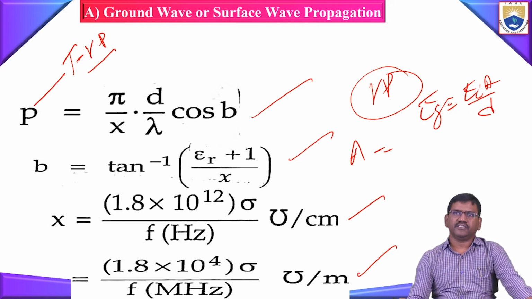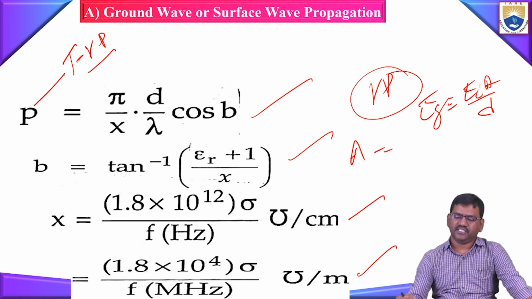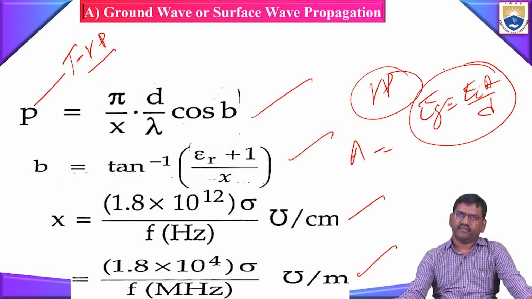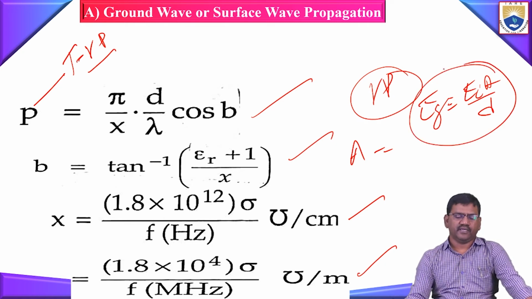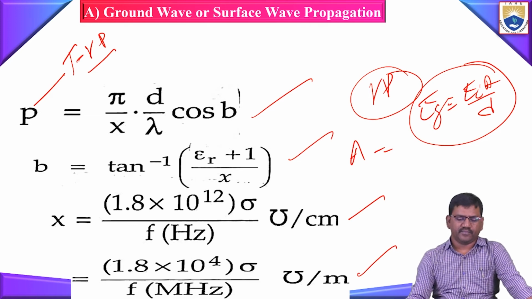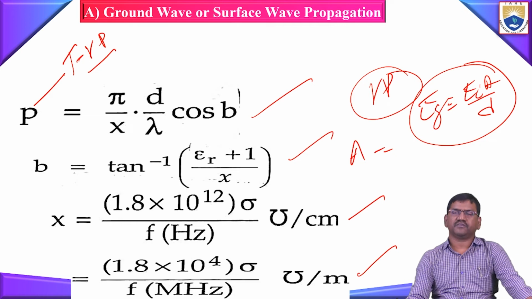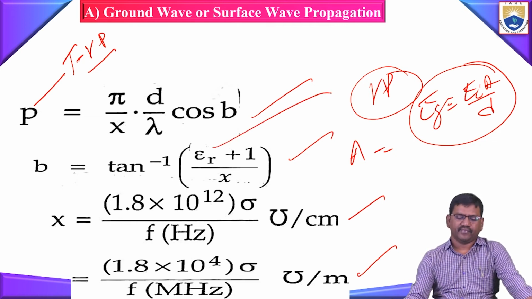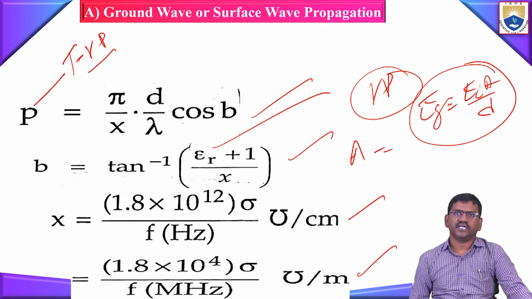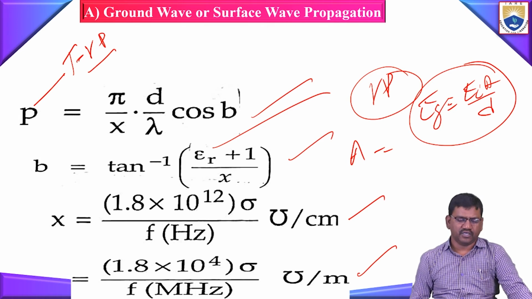So these are the equations to find the value of Eg, that is E naught A by D, where p is given by pi by x d by lambda cos b, and epsilon is the permittivity. These formulas are related only to vertical polarization.